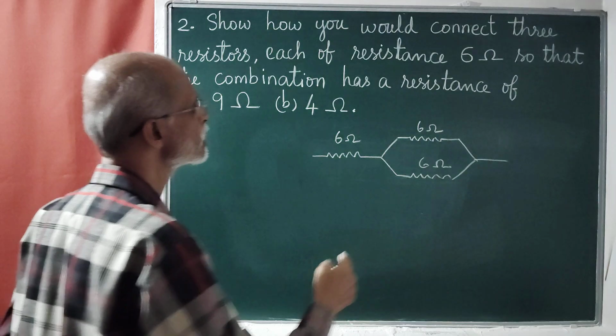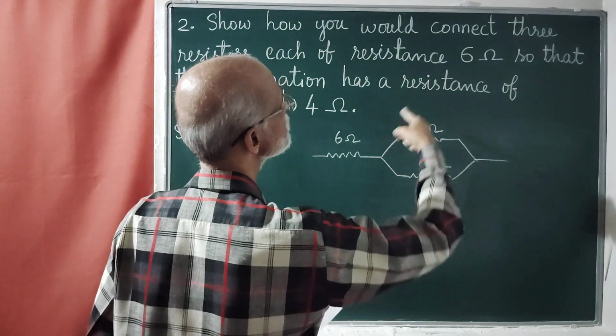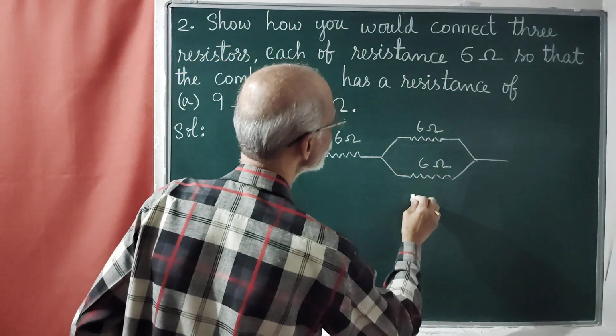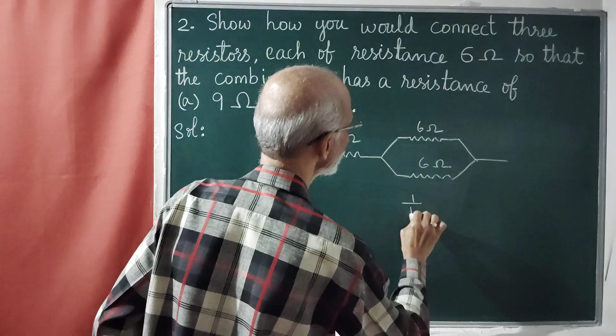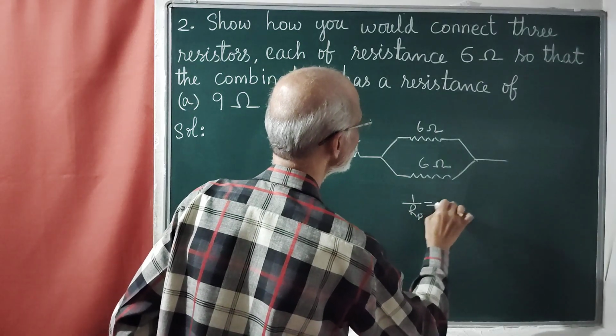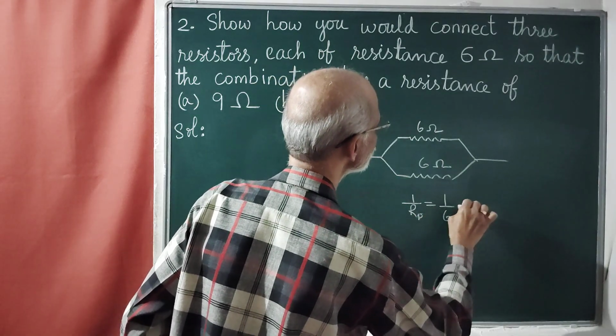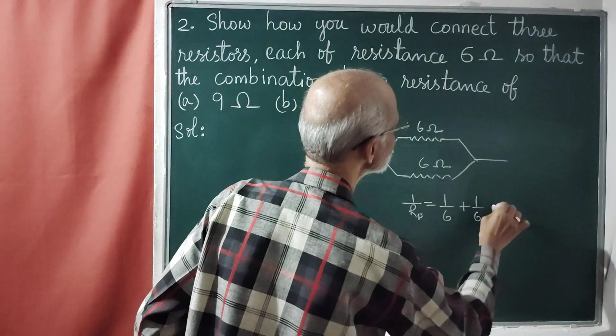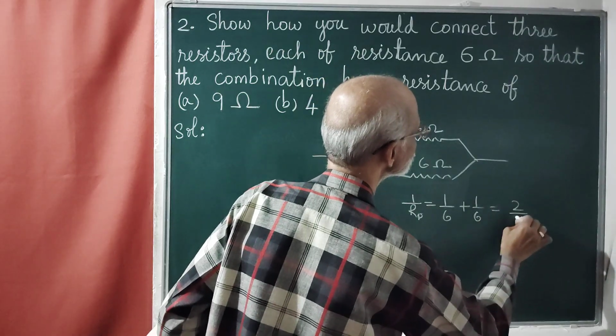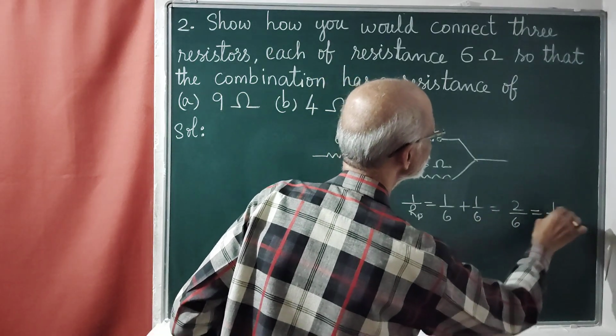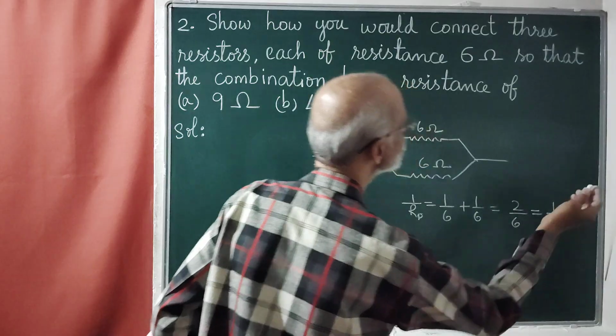Now the equivalent resistance of these two will be 1 by Rp equal to 1 by 6 plus 1 by 6, that's equal to 2 by 6, and 1 by 3.